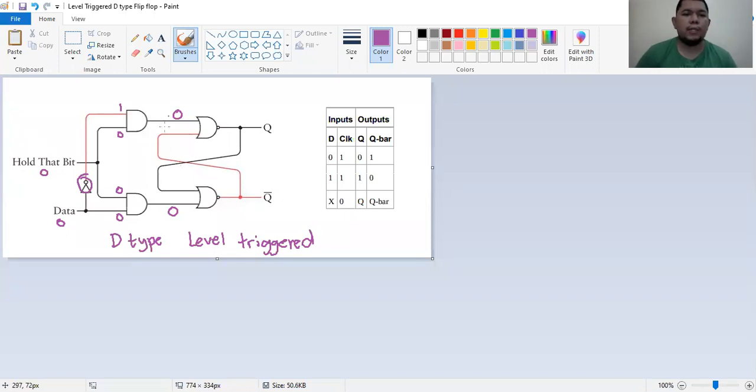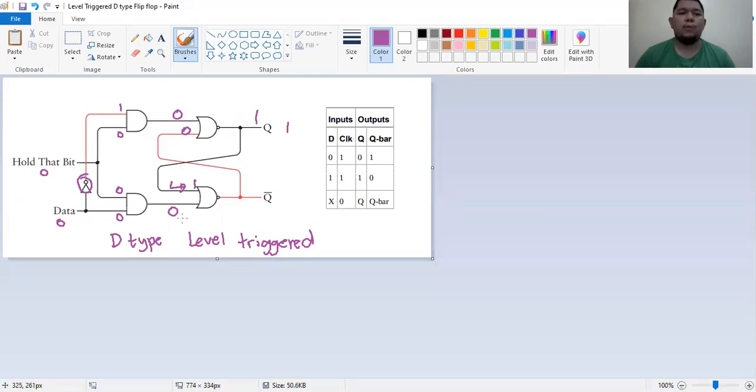Initially, for the first NOR gate, we have a value of 0, just because initially there is no current flowing here. So 0 or 0 becomes 0, invert that becomes 1. So our output becomes 1, while this output is being fed back here, and it becomes 1.